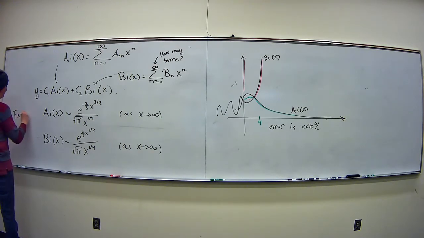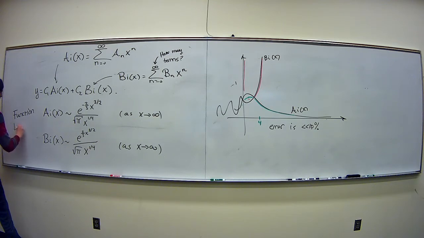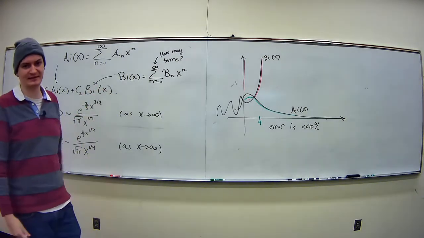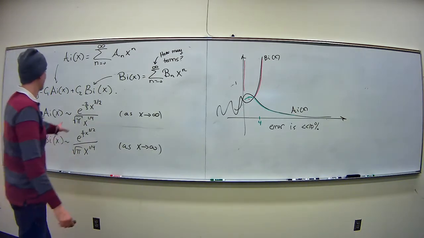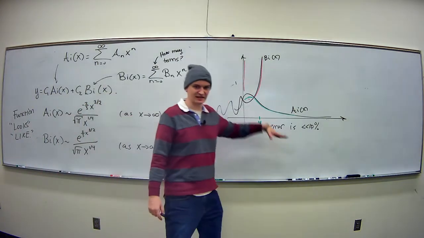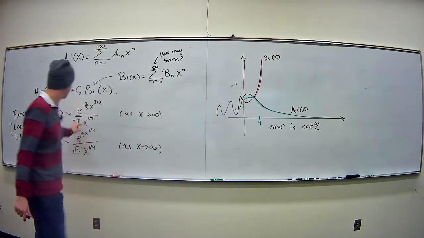You can sort of, in your head, after you do one of these, say the function looks like this, right? And that's this concept right here, where these look like these exponential functions. They're just normalized by this power.